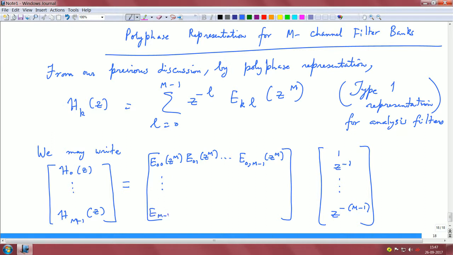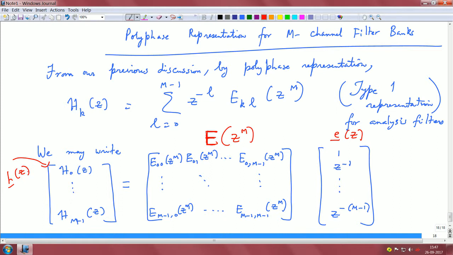This is E M minus 1 0 Z power M dot dot dot E M minus 1 M minus 1 of Z power M. And I call this matrix some bold E of Z power M, having all the polyphase components, and this is basically a vector of delay elements, and this is basically a stack of all the analysis filters, right.